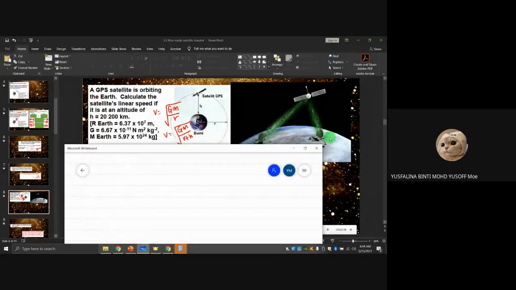The formula is V is equal to the square root of GM over R plus H. The value of G is 6.67 times 10 to the power of negative 11, and the mass of the Earth is 5.97 times 10 to the power of 24.